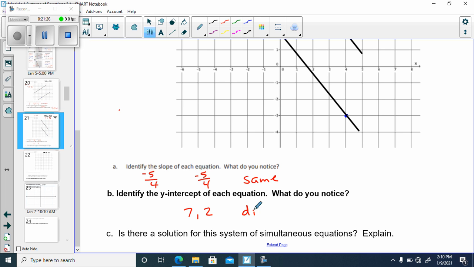They are different. Okay? Is there a solution for this system of equations? No. Why? They're parallel. They will never intersect. Okay?